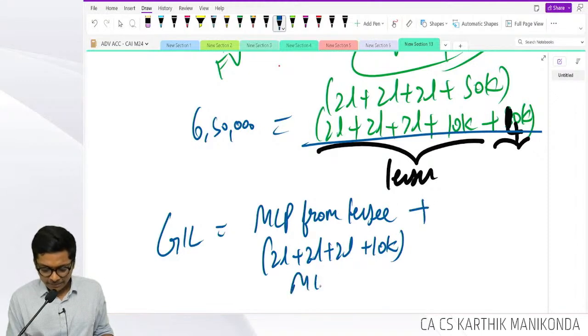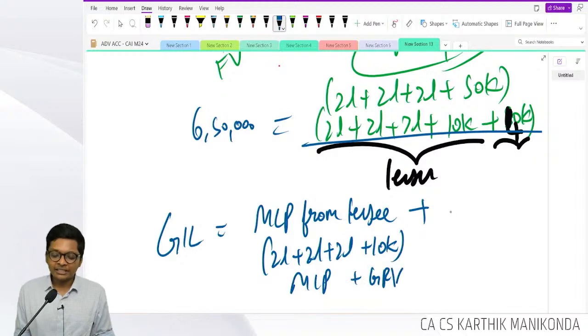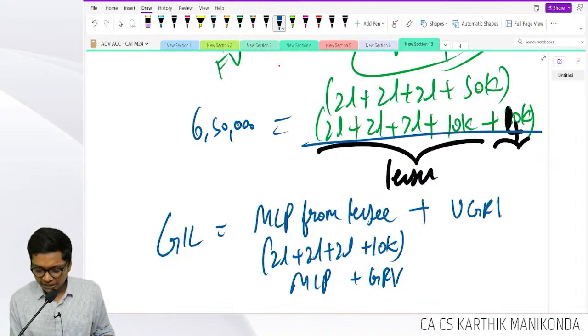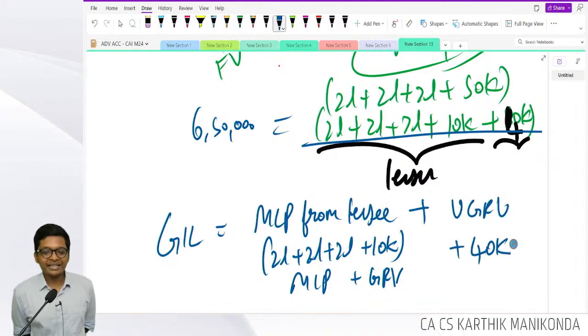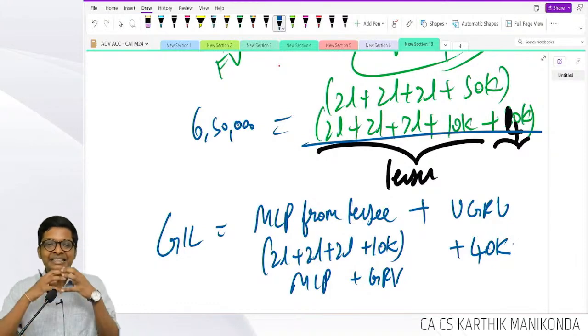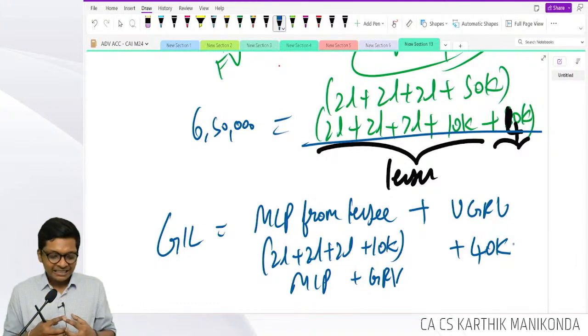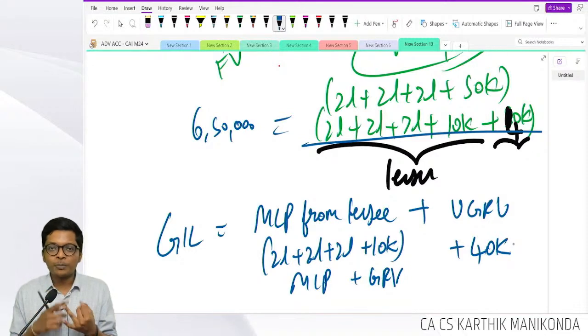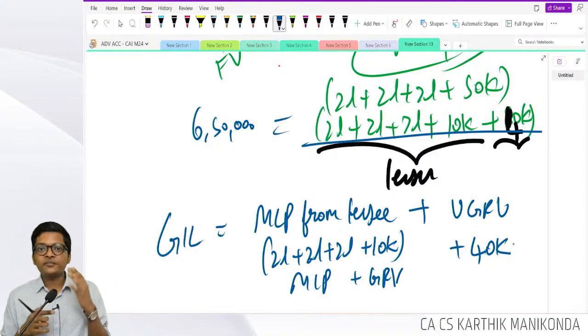So this is basically MLPs plus GRV plus 40,000, which is UGRV. So can I say the gross investment in lease, 6.5 lakhs, is equal to 2 plus 2 plus 2 plus 10 plus 40.